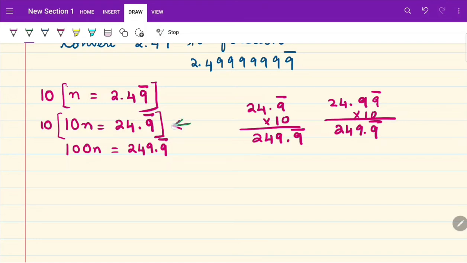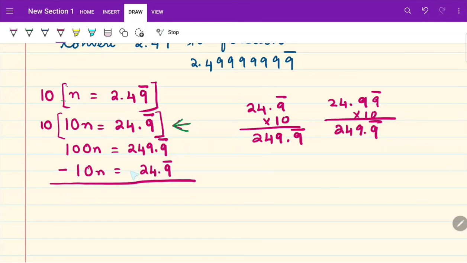This equation, not the initial equation, but the one that we have after we initially multiplied by 10. So it's going to be 10n equals 24.9 bar.